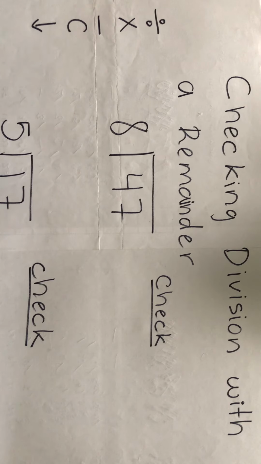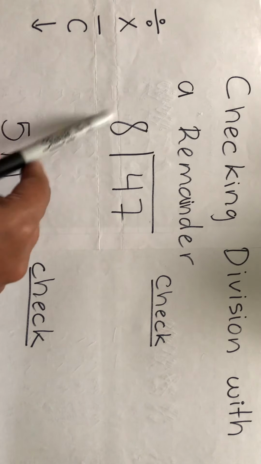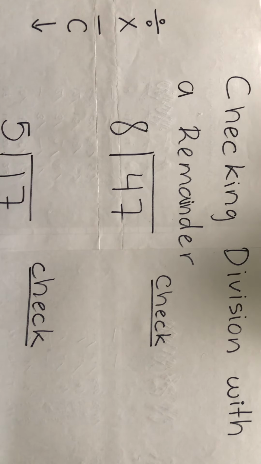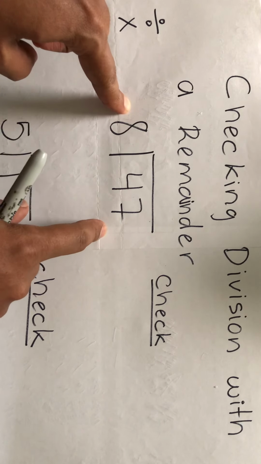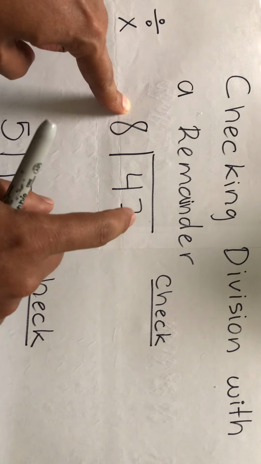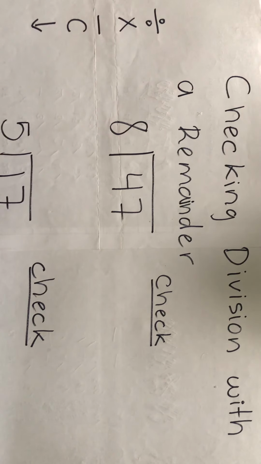So we're going to start. 47 divided by 8. To solve this division, you have to remember the table of 8. You have to think of a number that multiplied by 8, the product is 47. If you remember the table of number 8, you find that you don't have a 47 in the table of number 8, but you have a number that is closer to 47.